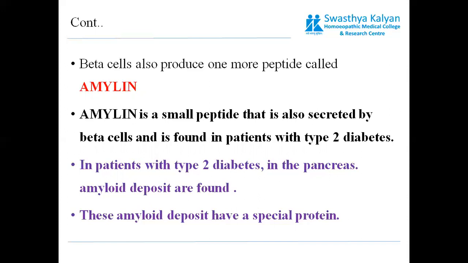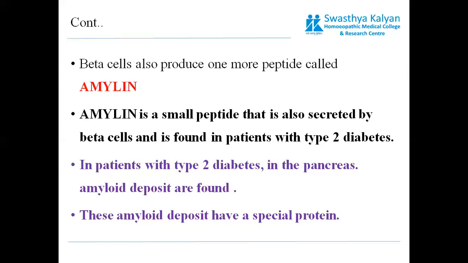Beta cells produce one more peptide called amylin. What is amylin? It is a small peptide which is also secreted by the beta cells and is found in patients with type 2 diabetes. In patients with type 2 diabetes, amyloid deposits are found in the pancreas.